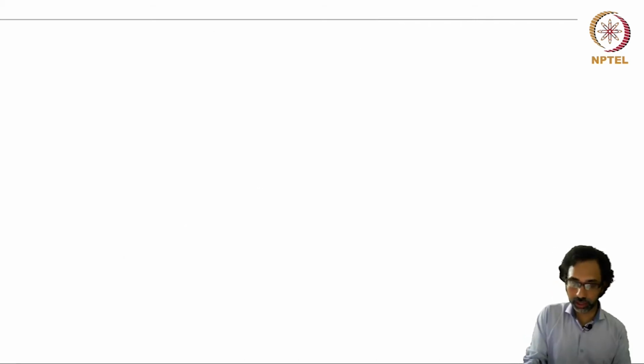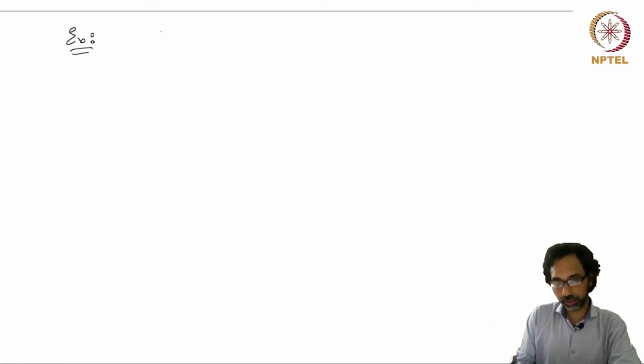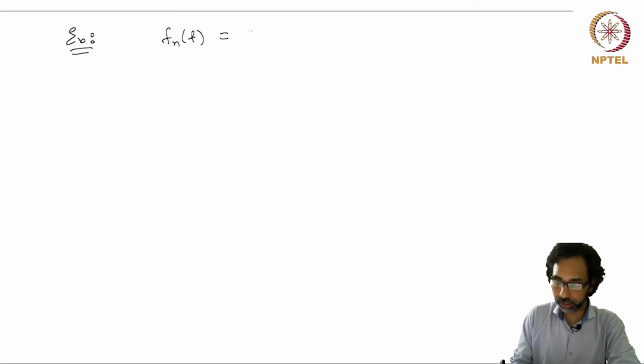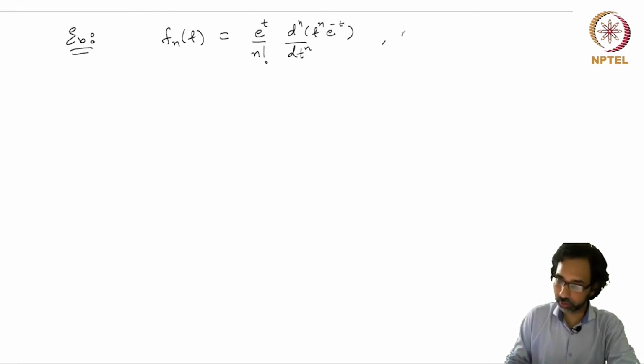Now let us look at an example for the application of this formula for higher derivatives. This example is given by the function f_n of t, which is e to the t over n factorial times the nth derivative d^n/dt^n of the function t to the power n e to the power minus t, for n equal to 0, 1, and so on.